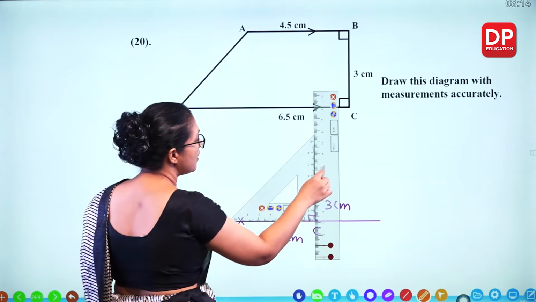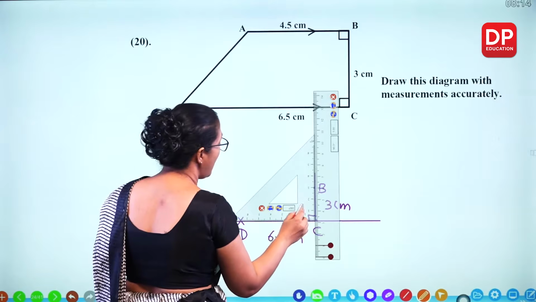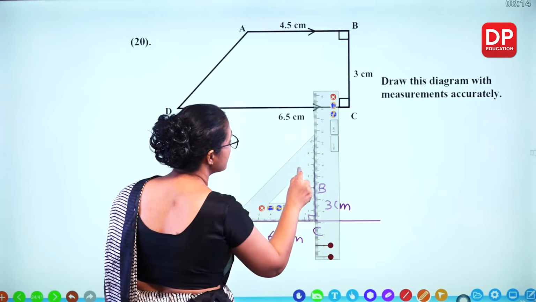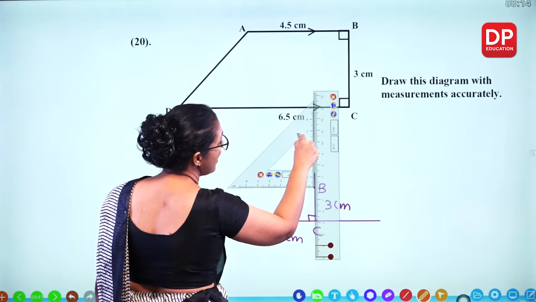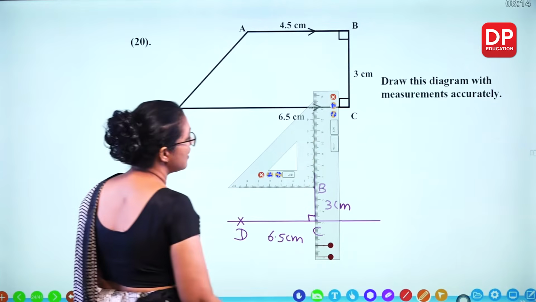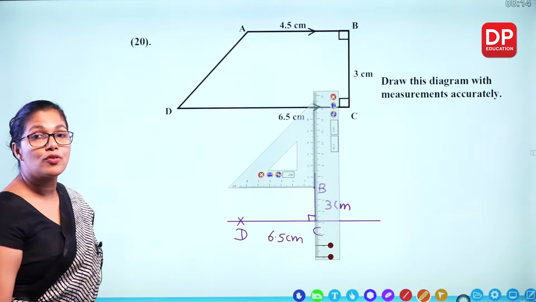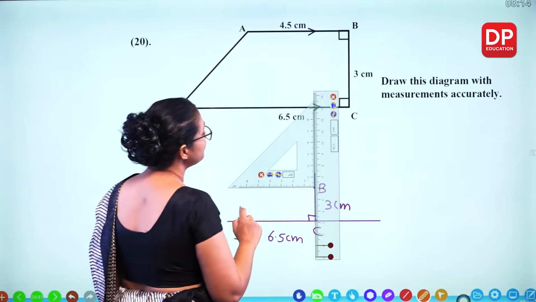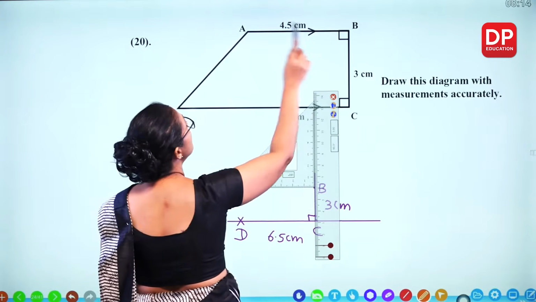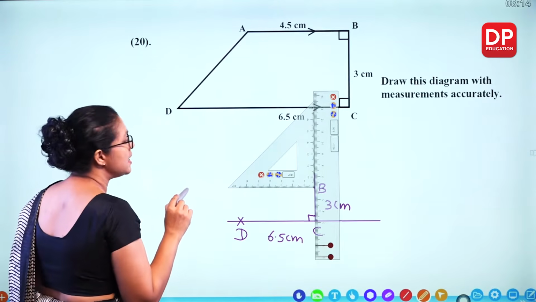Now you can hold the ruler and drag the set square so that you get the line passing through the point B. So like this, and here to here is 4.5 centimeters as well.